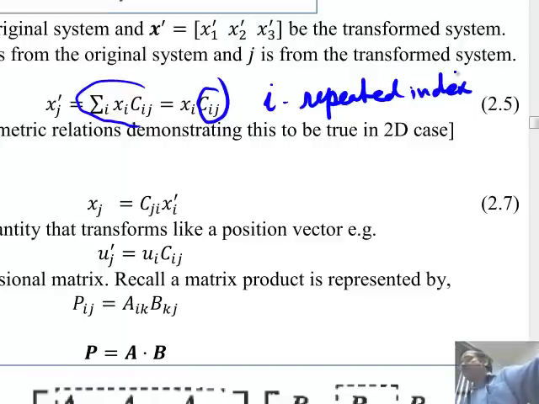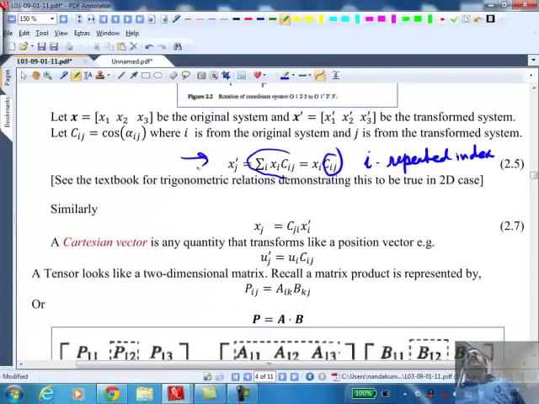Now, this equation 2.5 tells you that if you give me coordinate values in the old coordinate, and if I know all the cosines of the angles, I can calculate the coordinate values in the new coordinate prime so that I reach the same point. The question can be reversed: if you give me the coordinate values in the new coordinate, can I express them in the old coordinate?